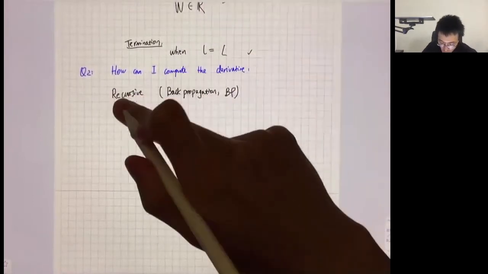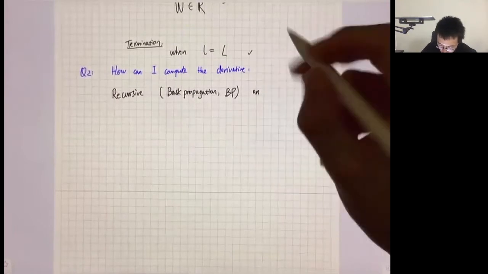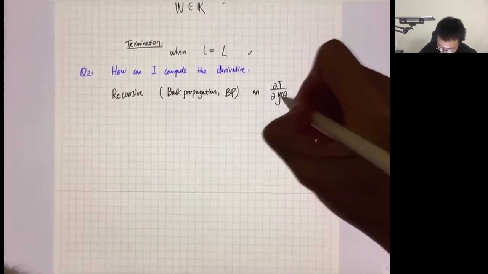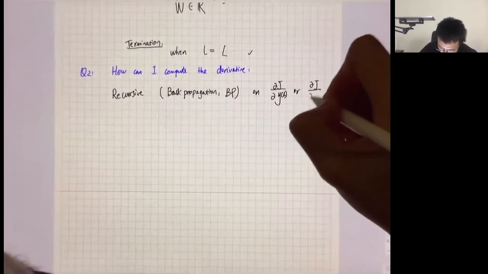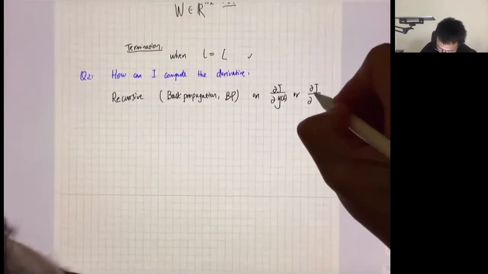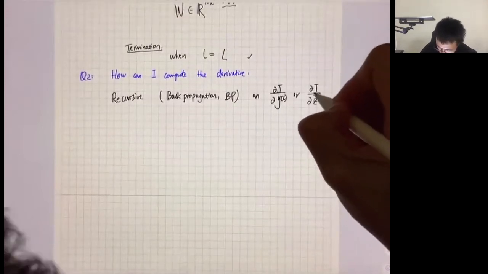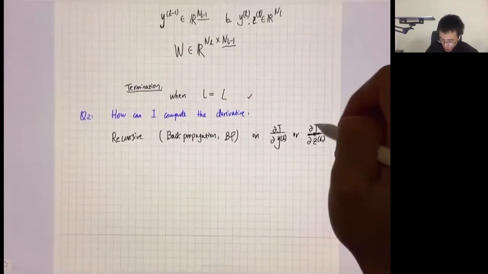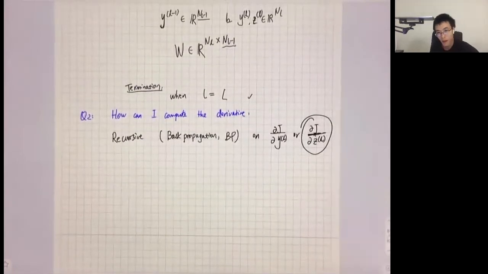It should be a recursion on the partial derivative of J with respect to either YL or the partial derivative of J with respect to CL, okay? So I will choose this one. I think it's different from my lecture notes, but it doesn't matter.